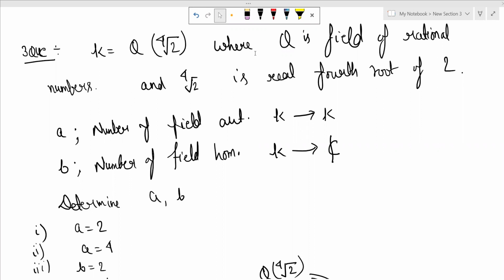You have proved something special about field homomorphism. Q adjoined fourth root of 2 is just the field Q[x] modulo x to the power 4 minus 2. So now where can the fourth root of 2 go? You can say something about that.